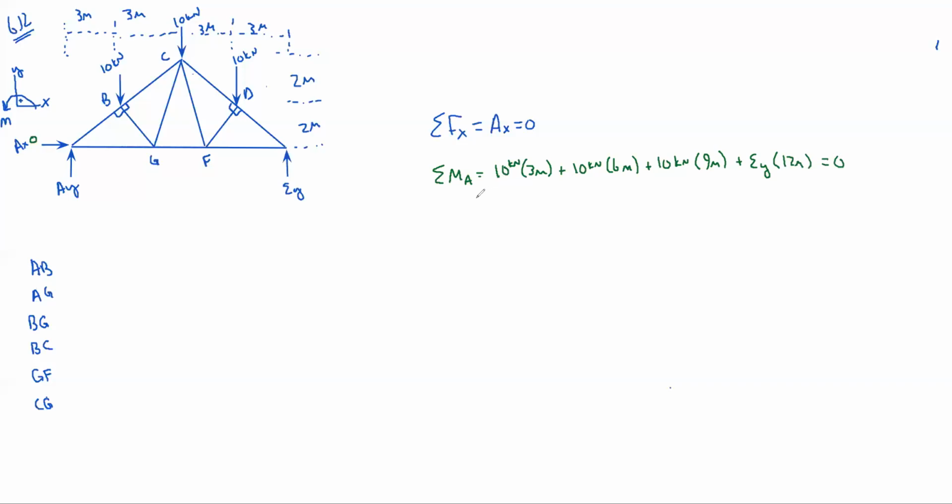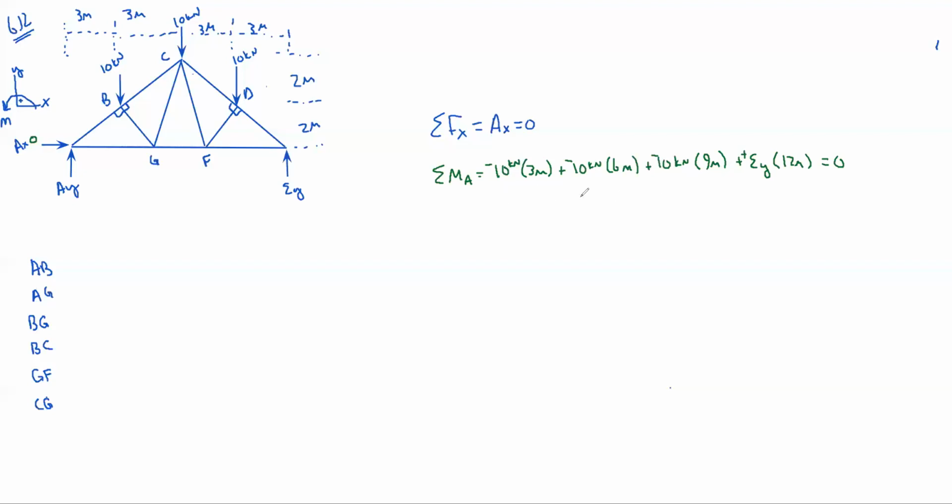Picking the rotation direction, if we are rotating about point A and we're pushing down at point B, that causes a clockwise rotation, which is negative. Same thing for the forces at C and D. The force at E causes a counterclockwise rotation, which is positive.